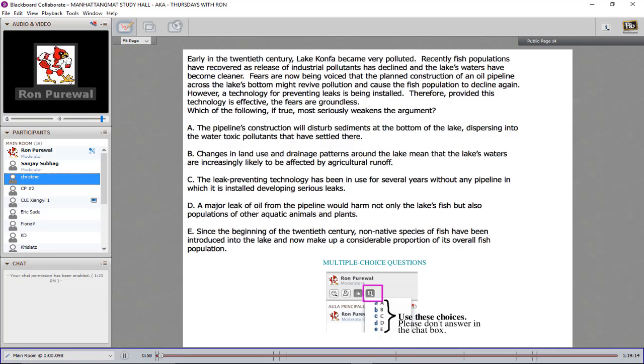Go for it. Okay, if you don't have a choice selected for this problem, please pick one.